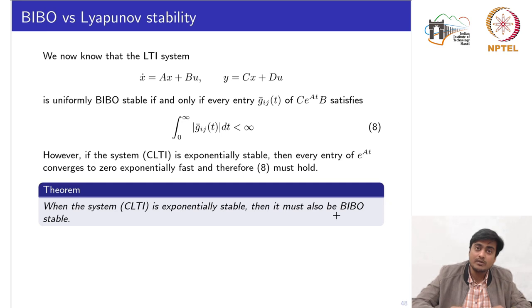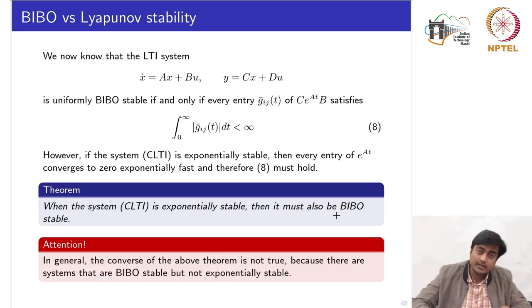This exponential stability is in the sense of Lyapunov, meaning that if the system is exponentially stable in the sense of Lyapunov, then it must also be BIBO stable. Given a bounded input, the system would yield a bounded output. But the converse of this statement is not true in general. That is to say that if the system is BIBO stable, then we cannot guarantee that the system is exponentially stable.